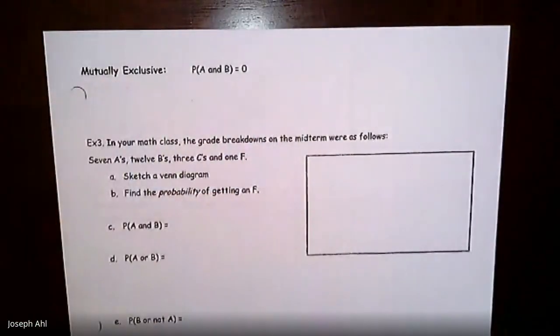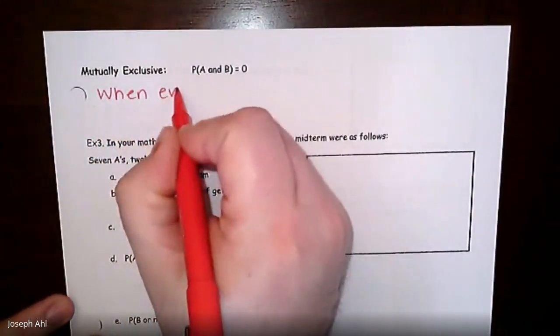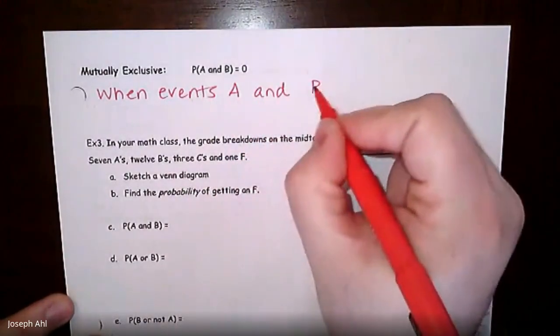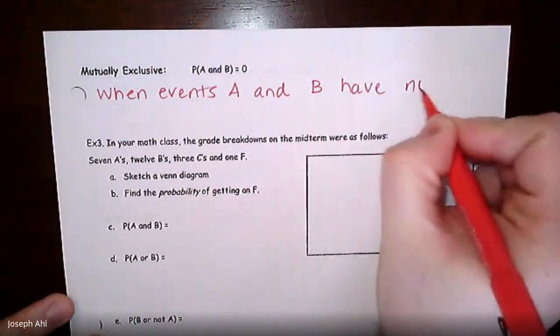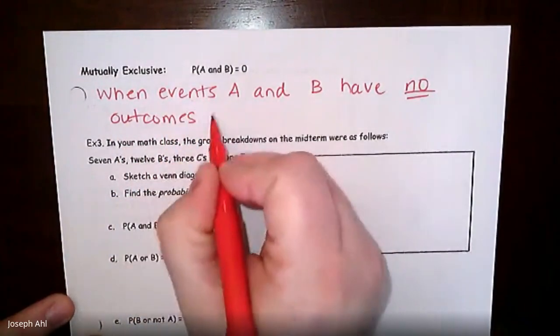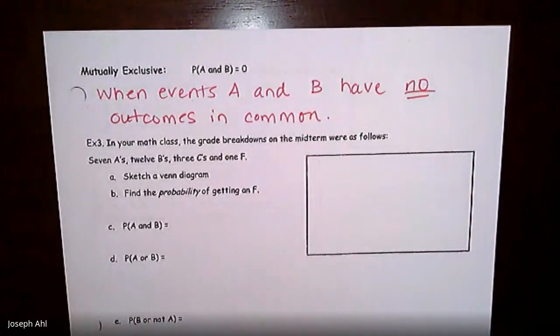Well, the definition of that term would be that the two events are mutually exclusive. So when events A and B have no outcomes in common, the term that we're going to use to describe those is that they are mutually exclusive.